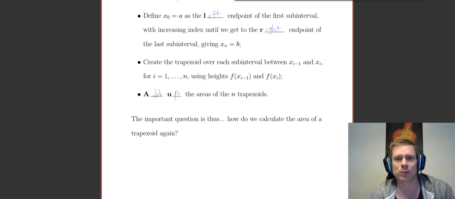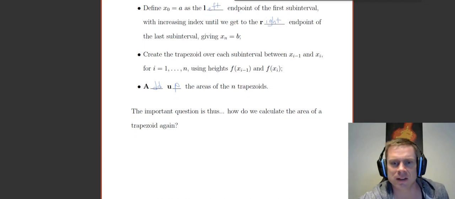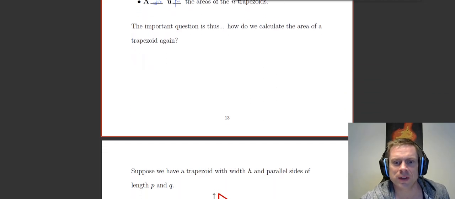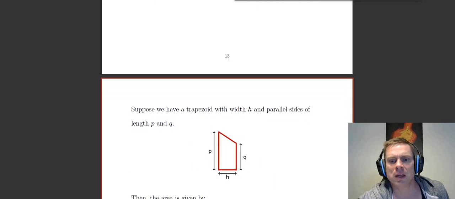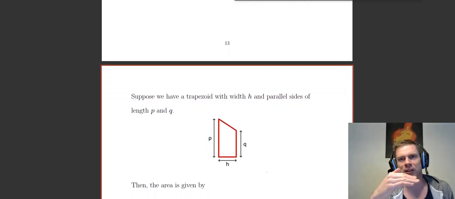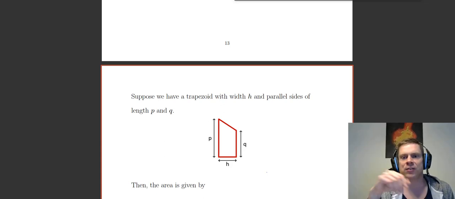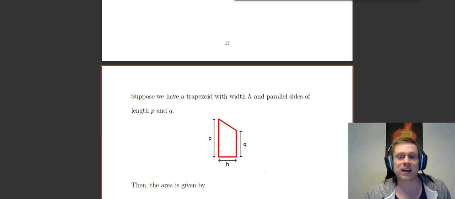But trapezoids have a really simple formula. If you think about what a trapezoid looks like, on the next page there's a bit of a demonstration about that. All of our trapezoids are going to have this flat bottom because we're thinking about an area above an axis or even below an axis. And we're going to have two different side lengths or heights.